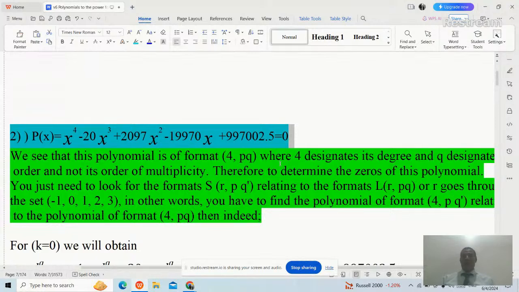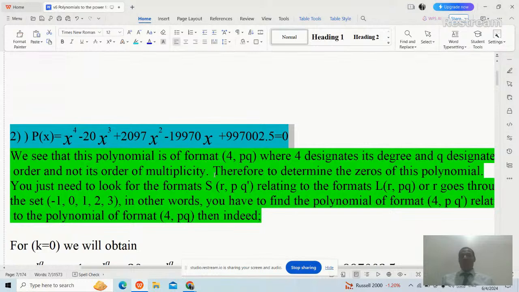You can see that this is a polynomial to the power 4 of order k, where 4 denotes the degree of this polynomial, and k denotes its order of multiplicity.